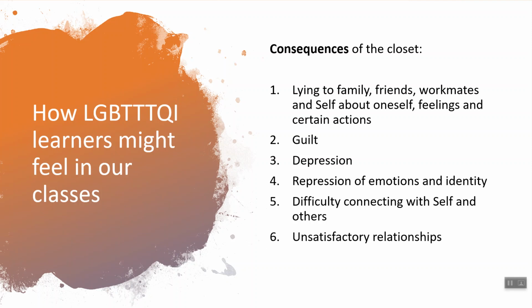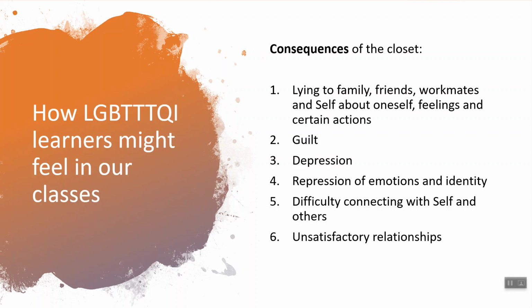It's necessary to repress your emotions and your identity. In order to be in the closet, you need to repress your true self and how you feel, and ignore your feelings, ignore key aspects of your identity. And this leads to a difficulty with connecting with yourself and with other people.